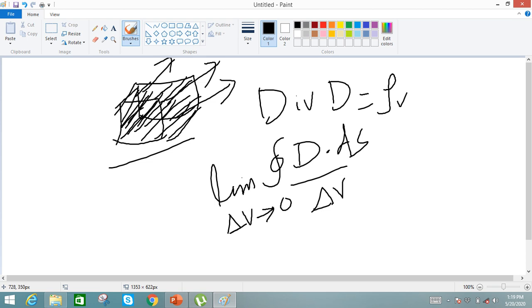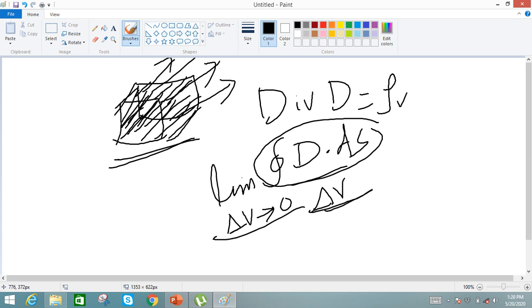So this term actually represents the flux that is leaving the closed surface, the flux that is leaving the differential volume per unit volume as the volume shrinks to 0. So this is actually the left hand side, and this left hand side will be equal to the volume charge density there. So this is actually the Maxwell's first equation.